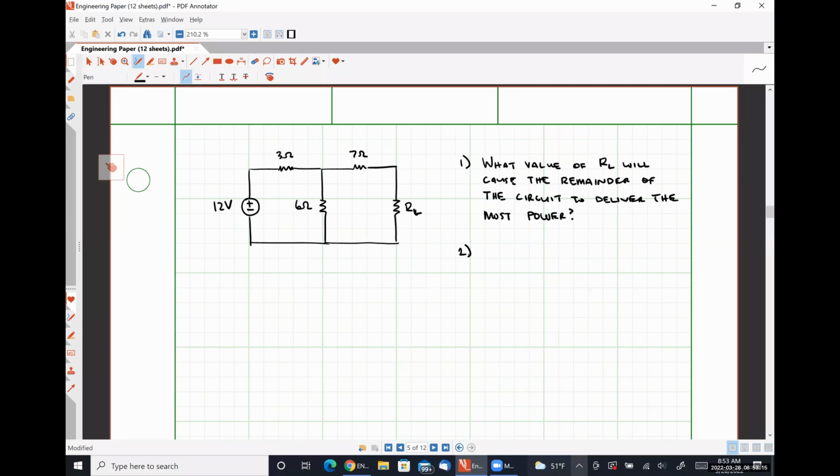And question number two is what is the maximum amount of power that RL can absorb.